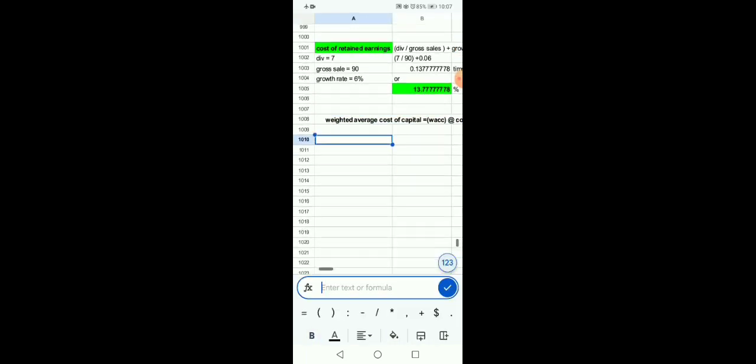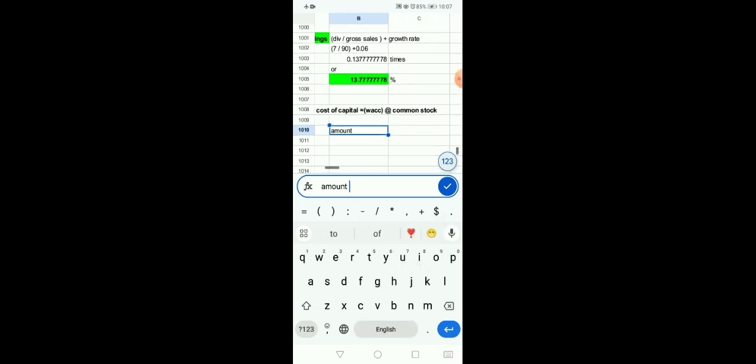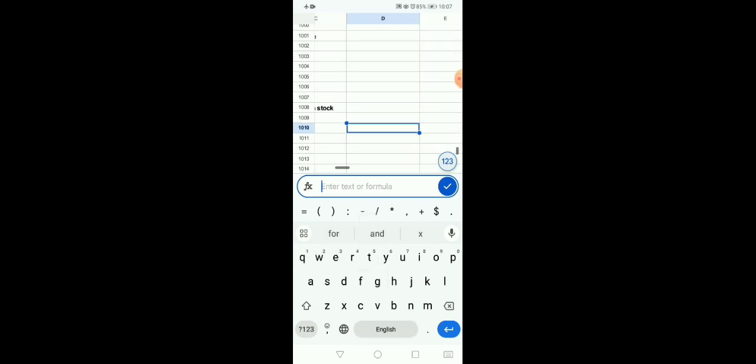For that you should have the capital structure at the first step, then you need the amounts of these capitals, then the weights, and the cost which we have calculated in the upper part. Then you just multiply weights and cost, which means the last two columns would be multiplied with each other. So here is our formation for the calculation of weighted average cost of capital.